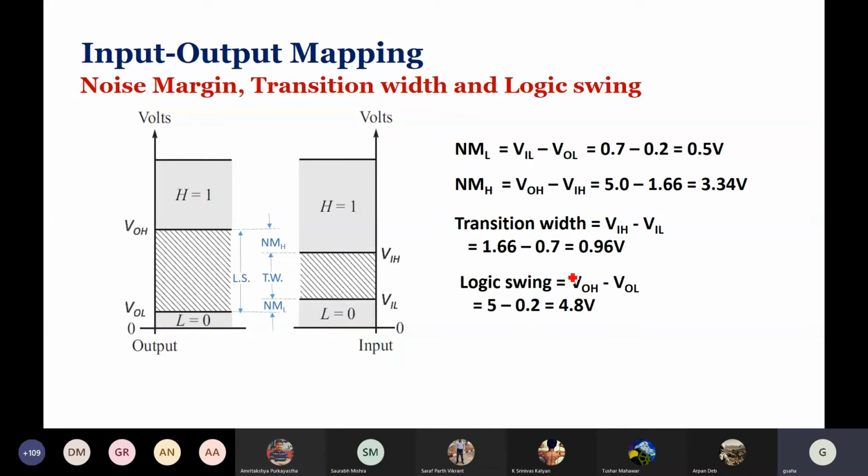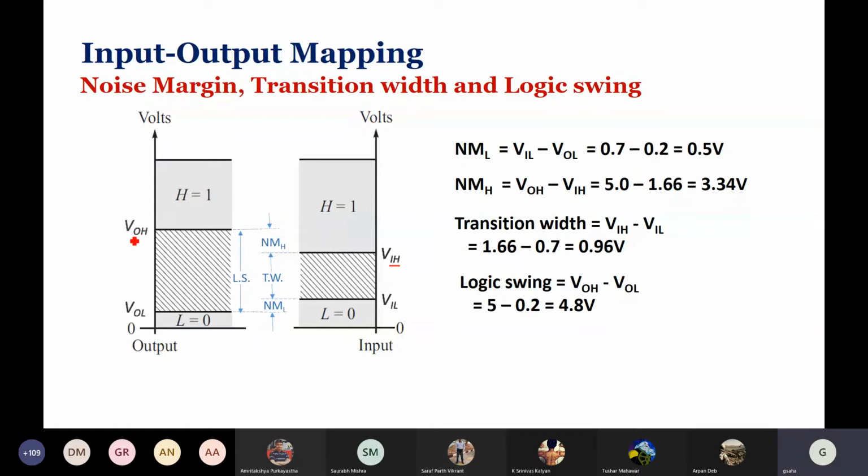Because then this device will not be able to deliver to the load what is treated as high by the input of that load gate. The input of the load gate recognizes something as high only if it is more than 1.66 volt.